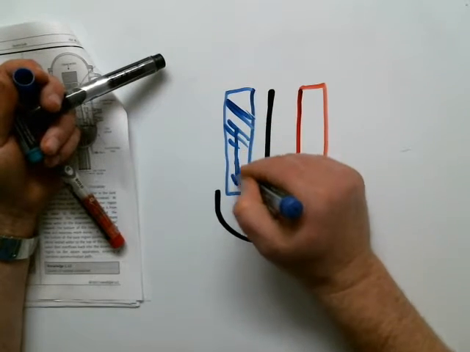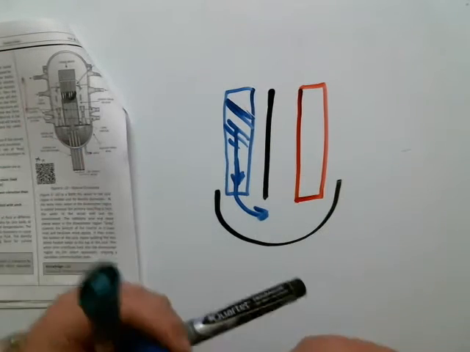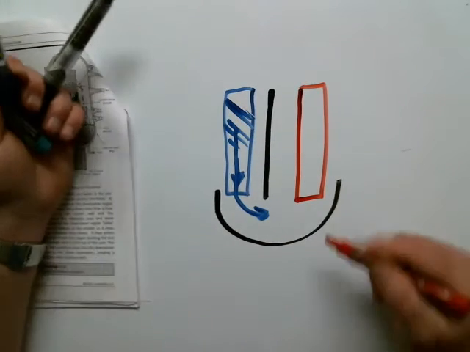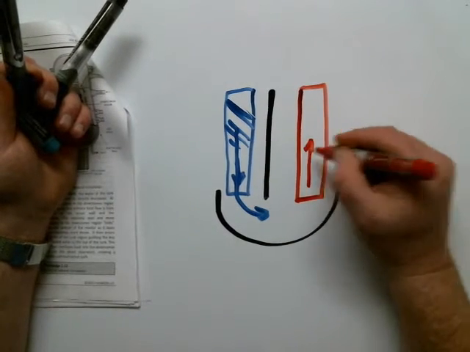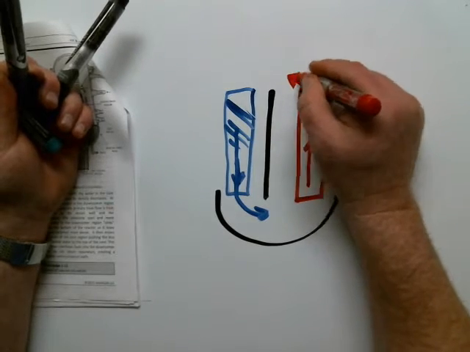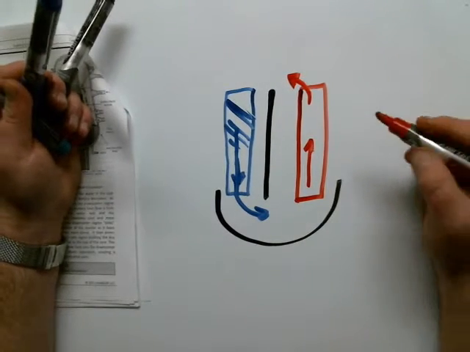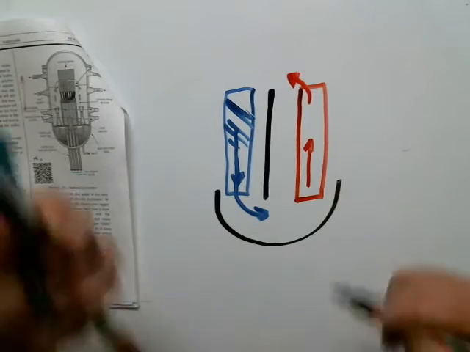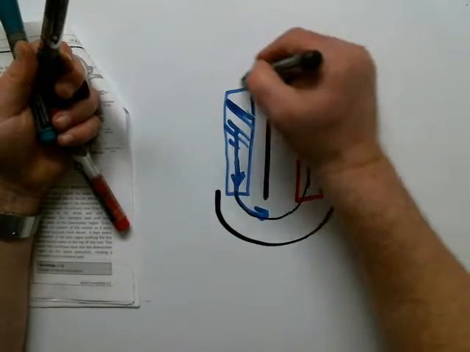So that would tend to cause flow in that direction. Once again, hot water is less dense, and it's going to tend to rise, and it's going to tend to cause flow in that direction. And you can see how we could create a circulatory path here of flow.